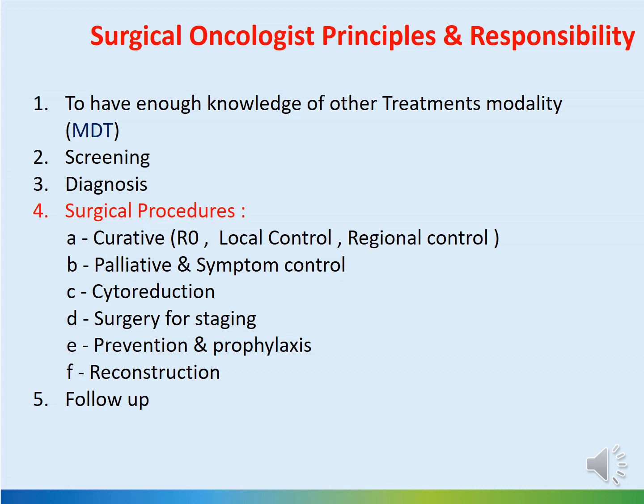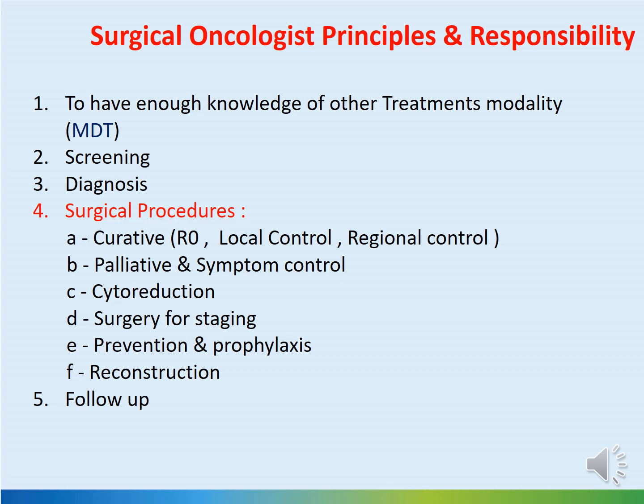So, what are the principles and responsibilities of surgical oncologists? As I mentioned before, we have five points we have to focus on. Number five is the surgical procedures, or the type of surgery in cancer, but it is not alone. It's not our only responsibility to know how to do this procedure.